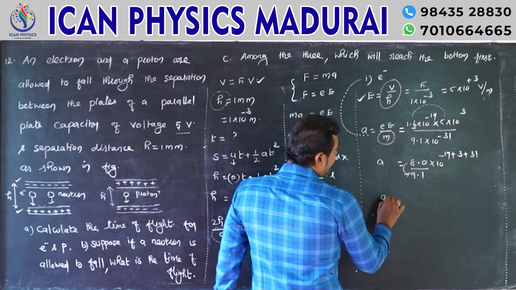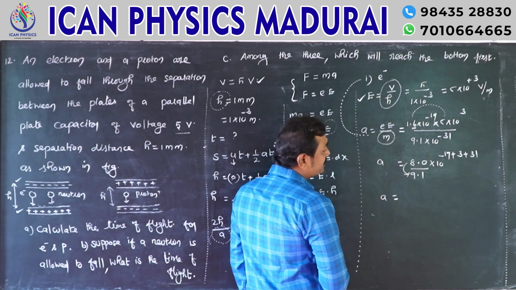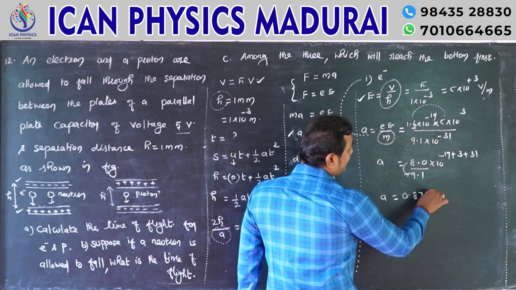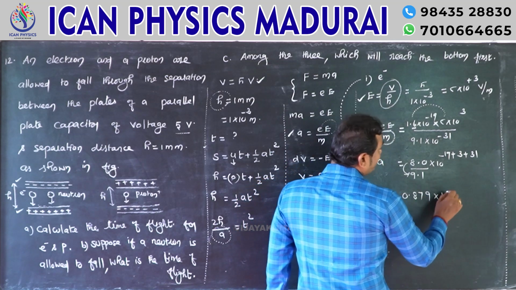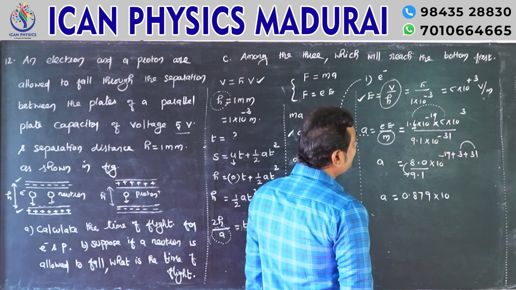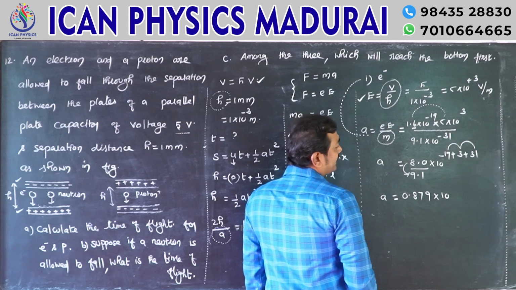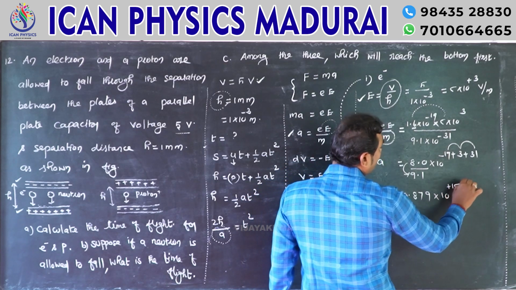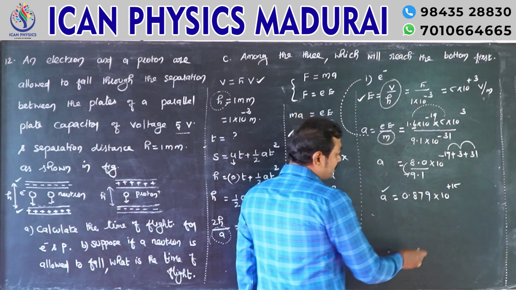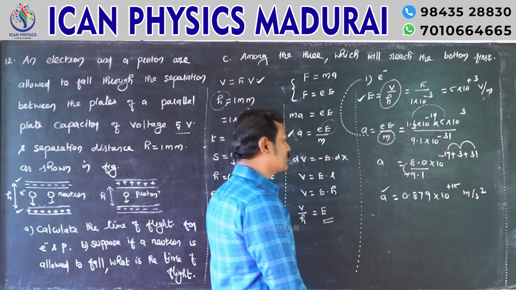So, a equal to 8 divided by 9.1. Then it becomes 0.879 into 10 to the power 31 plus 3, 34. 34 minus 19, so it becomes plus 15. We have calculated the value of acceleration. The unit of acceleration is meter per second square.